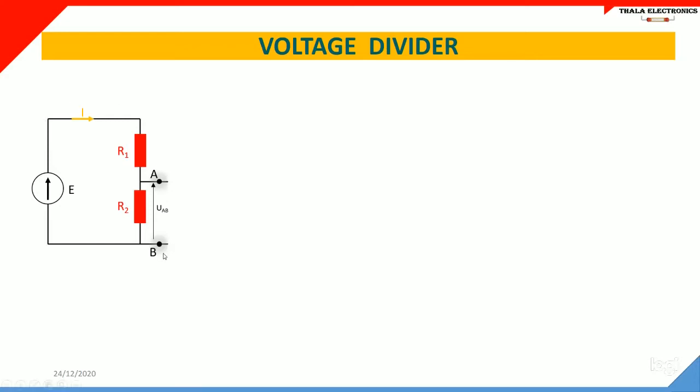Now, if we look at the equation which characterizes this circuit, A equals R1 plus R2 multiplied by the current. If we extract the current from this formula, we get I equals A divided by R1 plus R2.